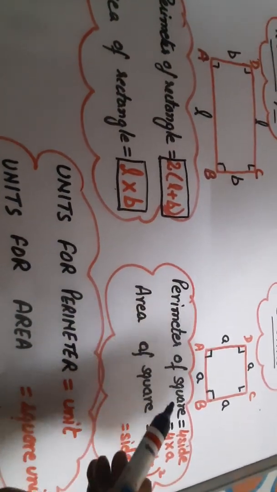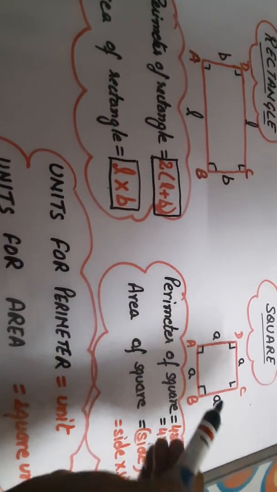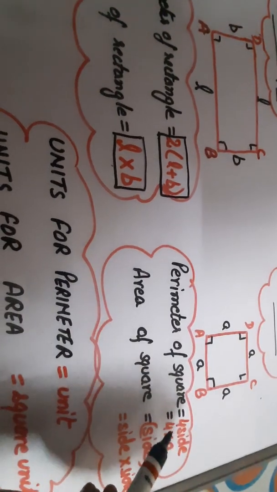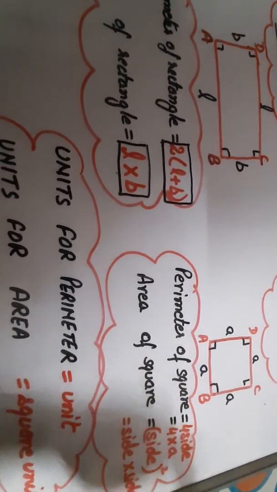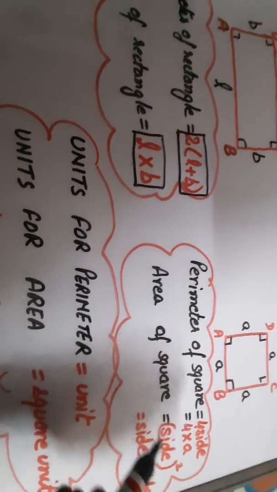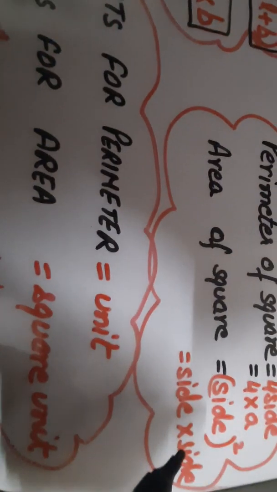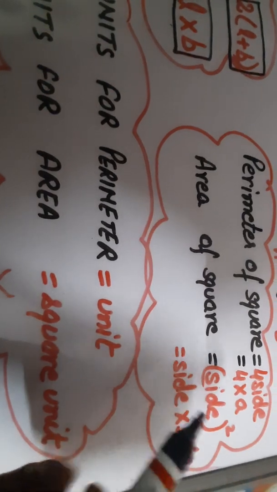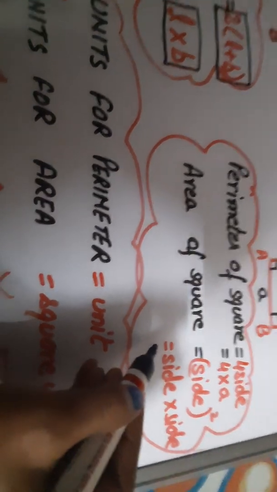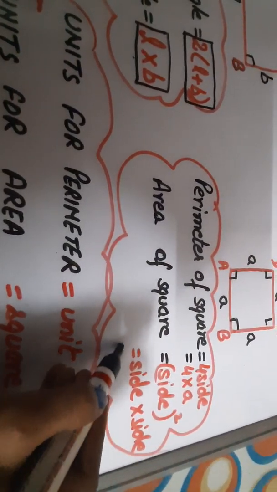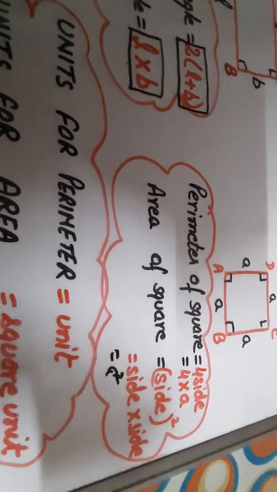Similarly, the perimeter of a square is the sum of all the sides: A plus A plus A plus A means 4A, or 4 into side. The area of a square is side into side, or side square. If the side is A according to the figure, we can write it as A square also.